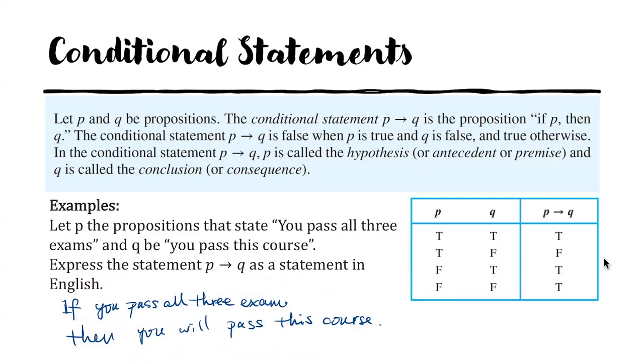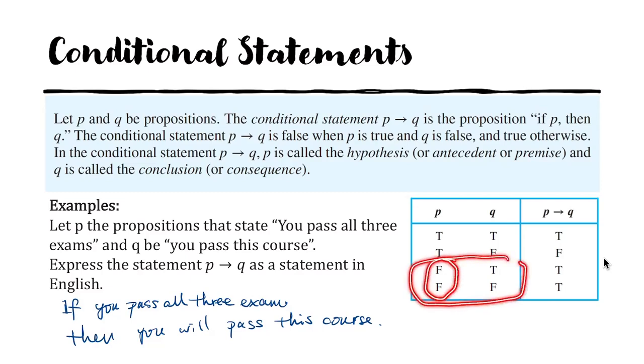But notice that in the conditional statement, I did not mention what if you did not pass all 3 exams. So of course, anything could happen, right? For the student who did not pass all 3 exams, they might pass the course or they might fail the course.